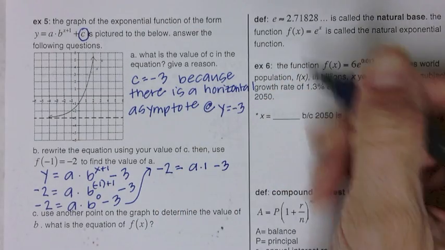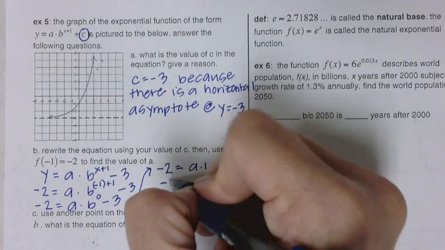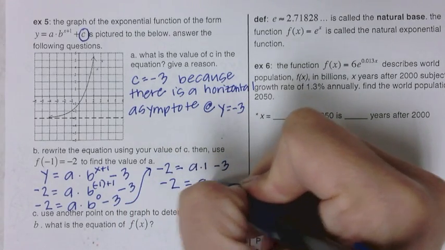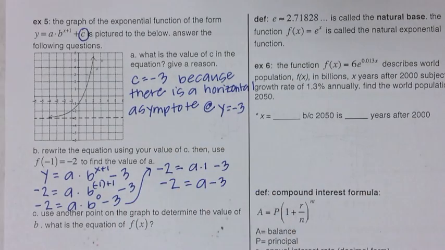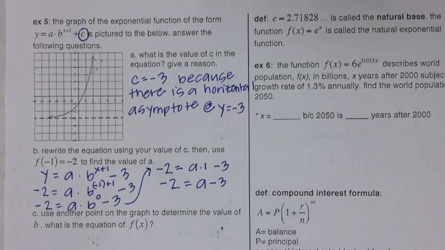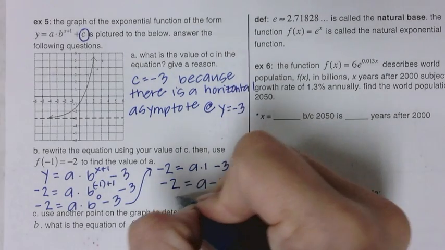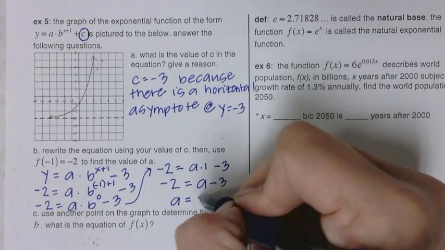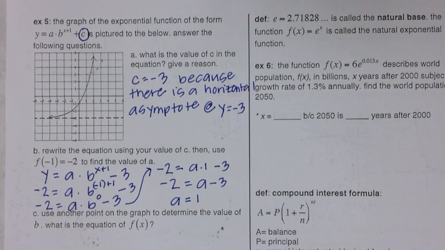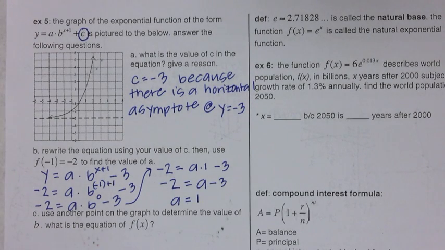Follow your order of operations, which is -2 equals a minus 3, because you're going to multiply before you subtract, and then you're going to add 3 to both sides, and you're going to find that a equals 1. All right, cool. No stretching or shrinking since a is the number before the base.